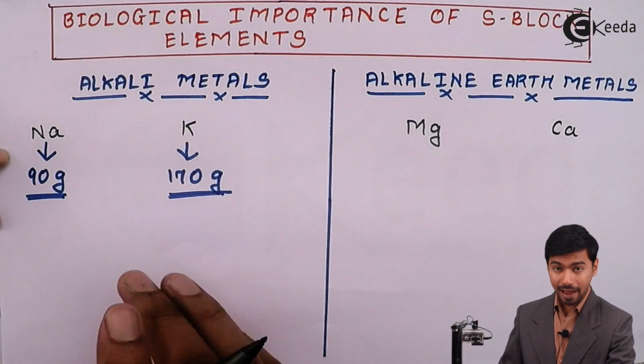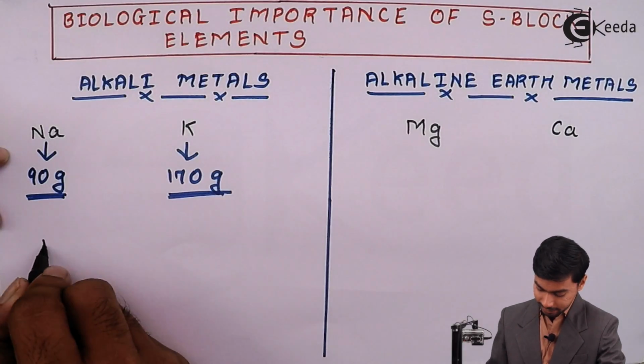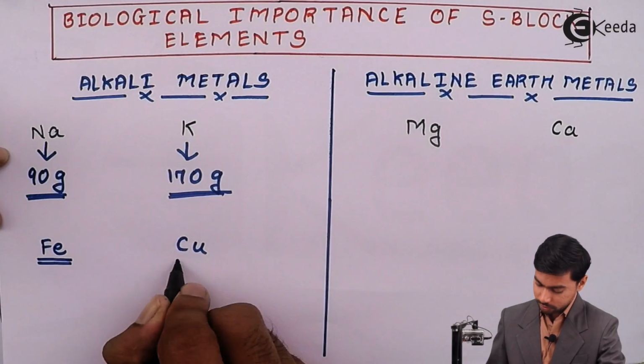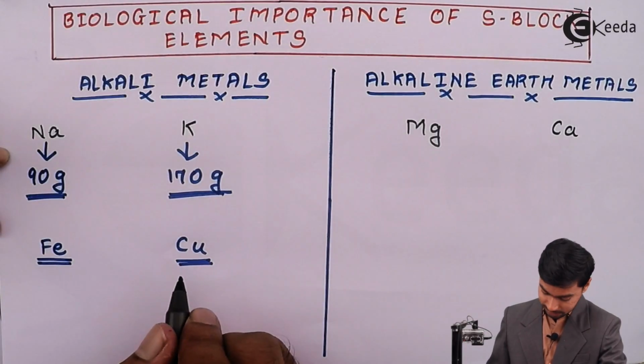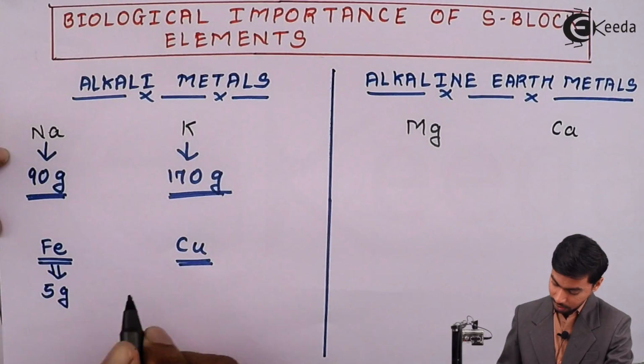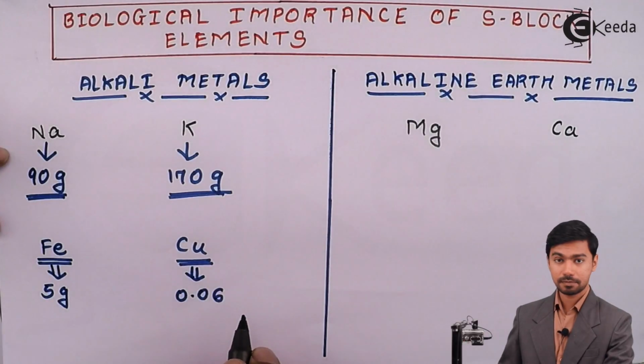Whenever we compare these constituents with iron and copper, which are again very important to our body, the iron we require is only 5 grams and the copper we require is only 0.06 gram.